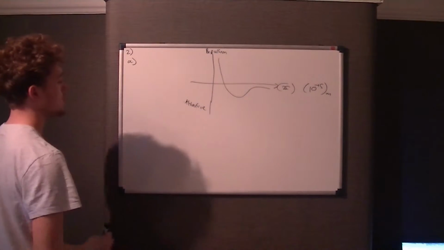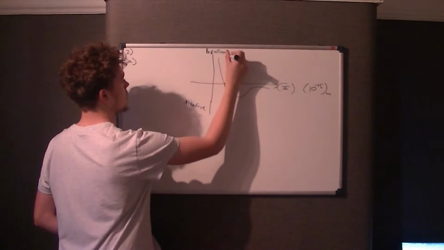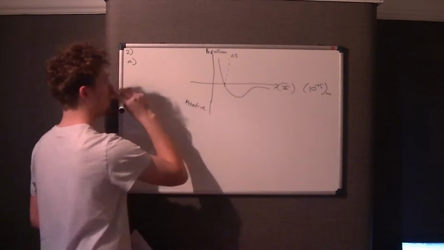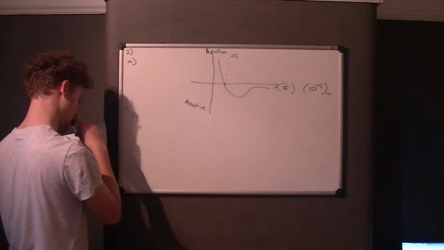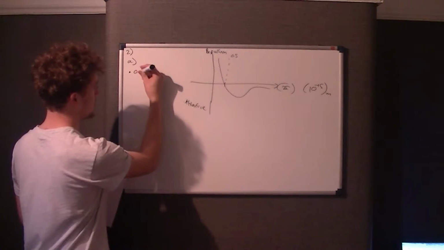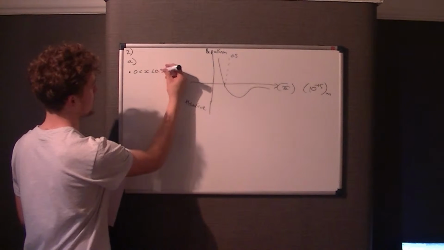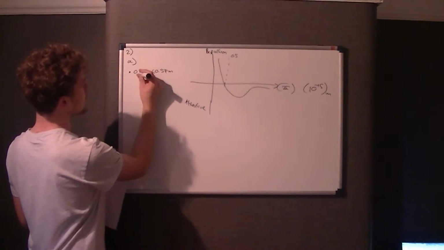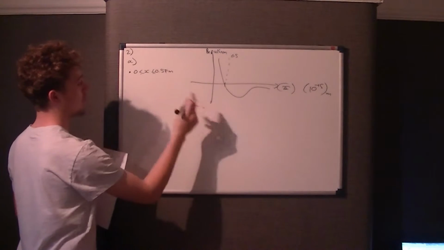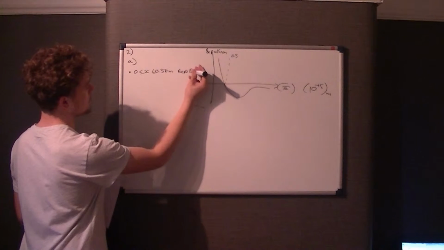What you need to take away is up to this point. There are a couple of things you need to state for 3 marks. The first mark is you need to state that between 0 and 0.5 femtometers, it's quite clearly a repulsive force.